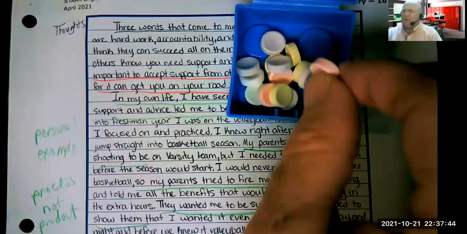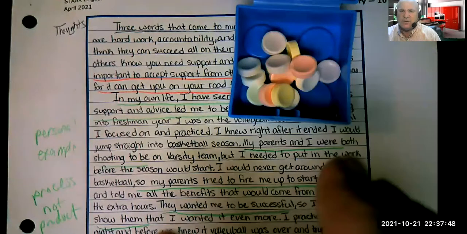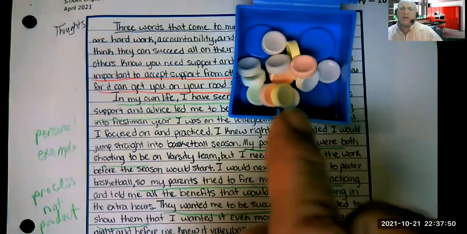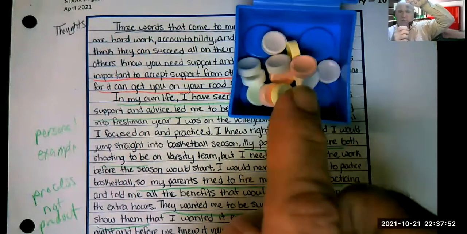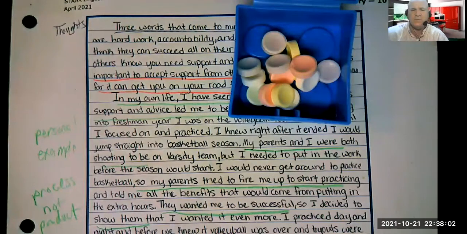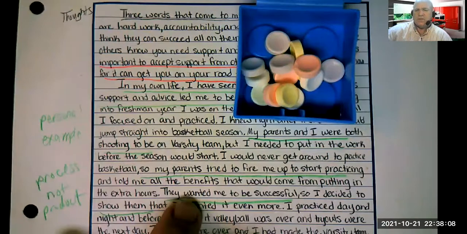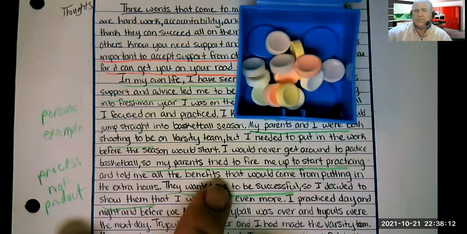And so many of you have seen me use monkeys, and however many Smarties I have in here so far, I could also use blue monkeys and link them together because they could all be details or sentences. That's me GPSing, getting pretty specific about one idea. They wanted me to be successful. That's their parents' point of view, okay?